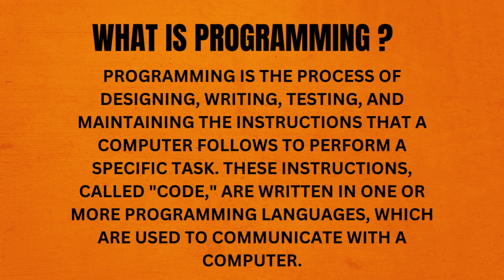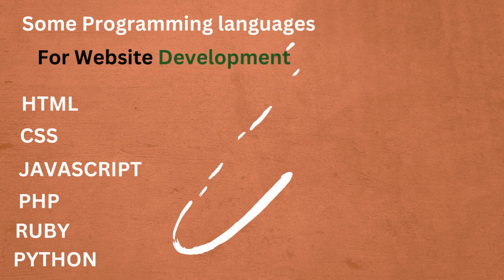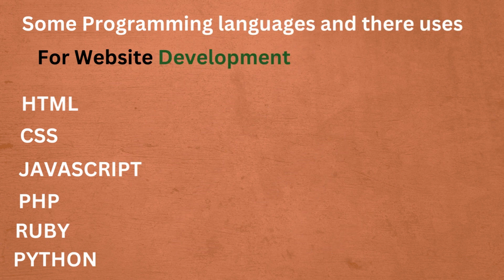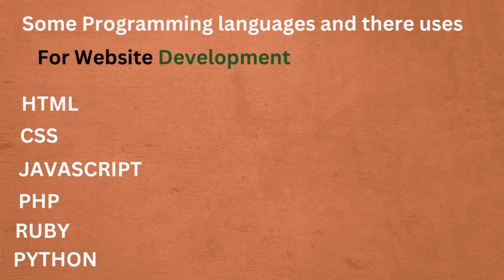For example, if you want to make a website, there are certain languages you have to learn to be able to make a website. For web development, you need HTML. HTML is the skeleton, the bone of all websites.